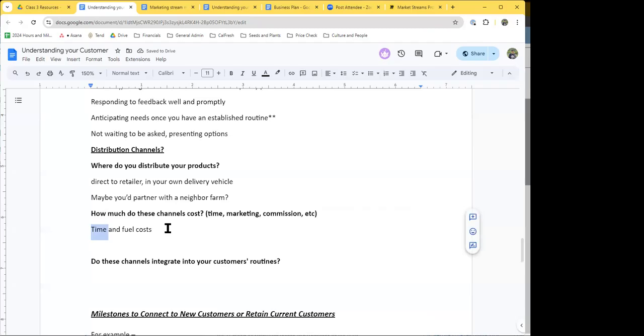When we're thinking of some of these efforts, it's how far am I willing to drive, and how big of an order. I think that was one of the cons we talked about here too: it can be small orders. If I'm just delivering 16 bunches of kale to OB Peoples and having to drive 25 miles, this was Wild Willow back in the day, and Peoples at that time was only willing to spend $1 a bunch on their kale, it doesn't make sense to deliver $16 worth of produce.